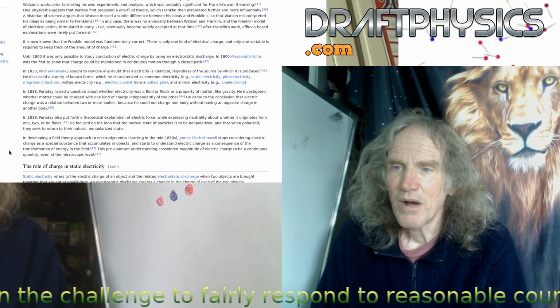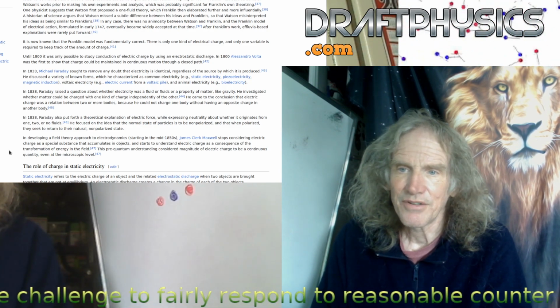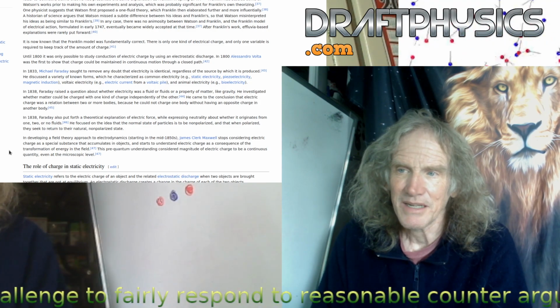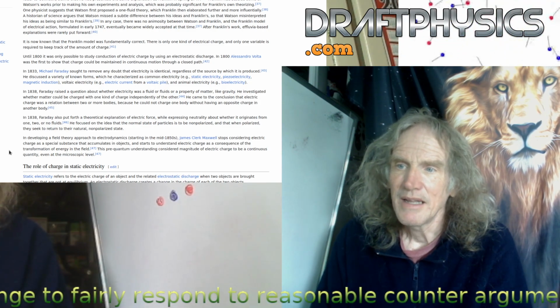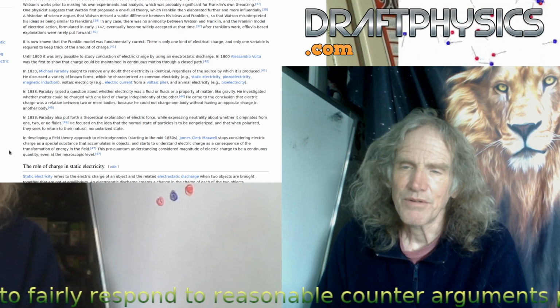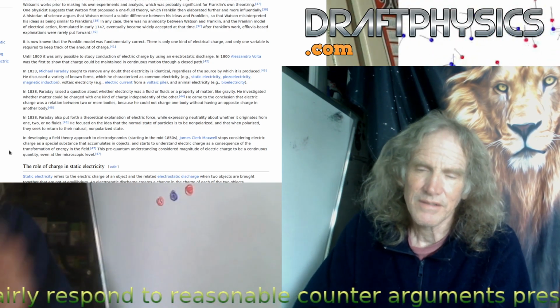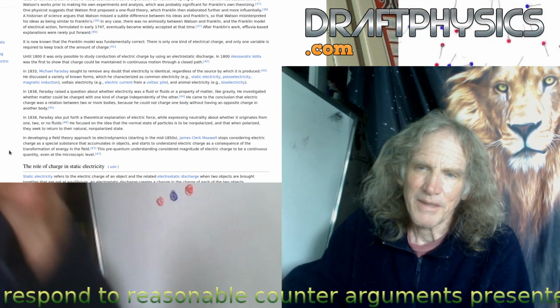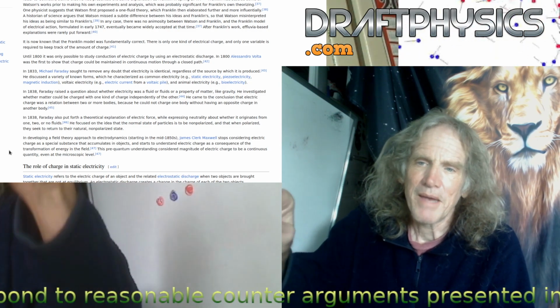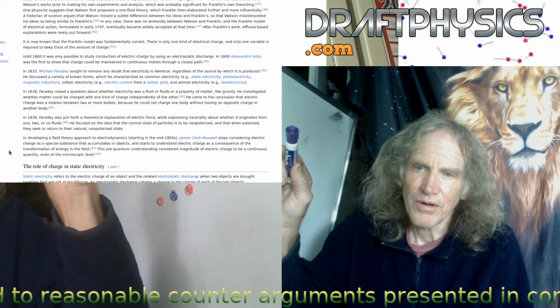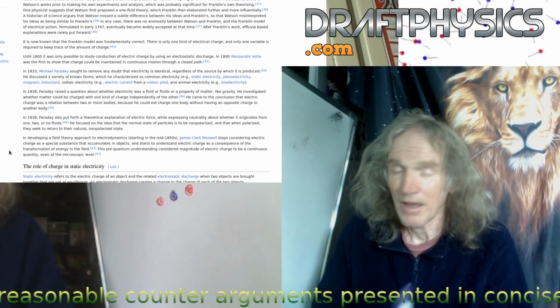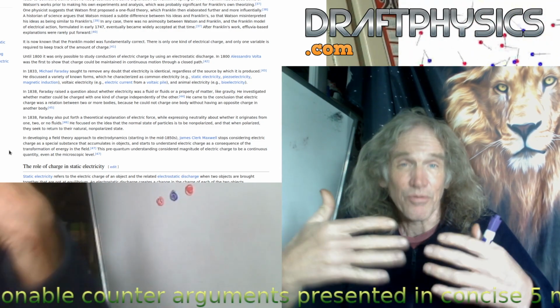This pre-quantum understanding considered the magnitude of electric charge to be a continuous quantity even at the microscopic level. So we know that charge is just electrons. So this is where they're starting to mess with electricity and magnetism, which are what the electrons and protons, how they're arranged.